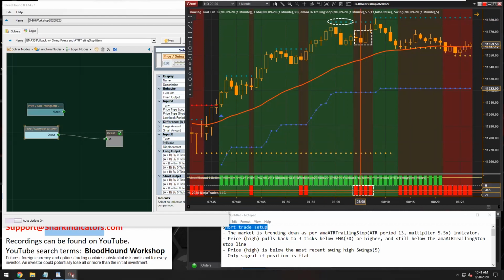And there we go. Now we have the short. So also want to point out, now that we have a swing high detected by the swing indicator, and we have a swing low down here, we're getting both a long and a short output, because price is in between a swing high and a swing low. There we go. So I guess the main point of this explanation here is it's critical that you understand how your indicators work, right?